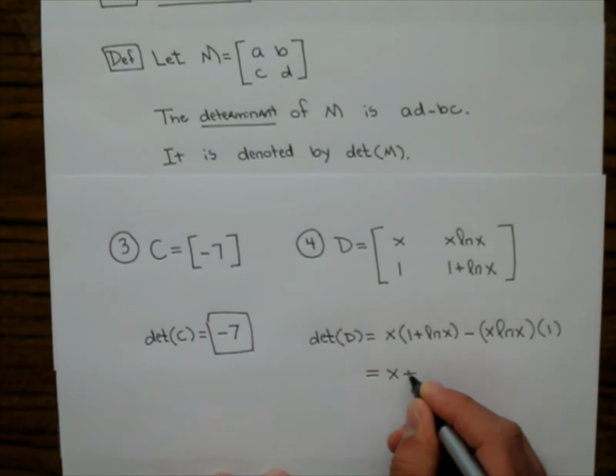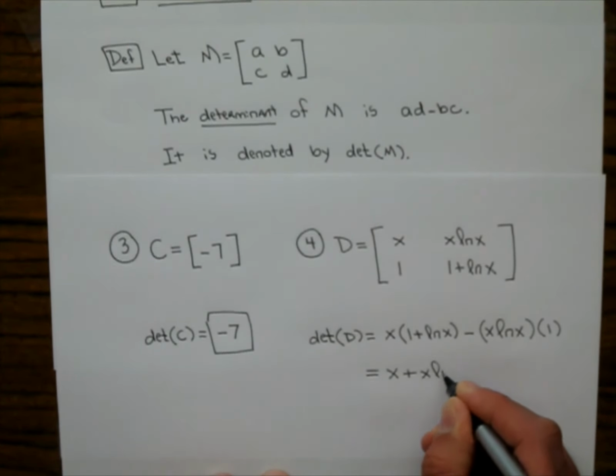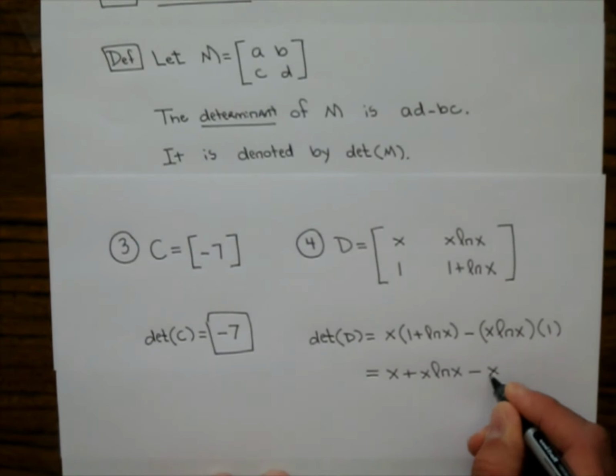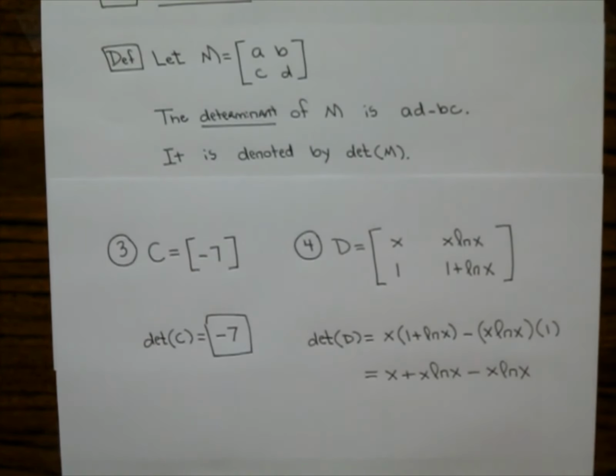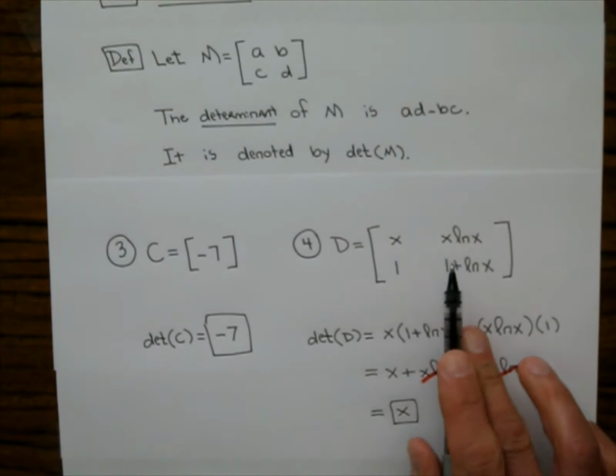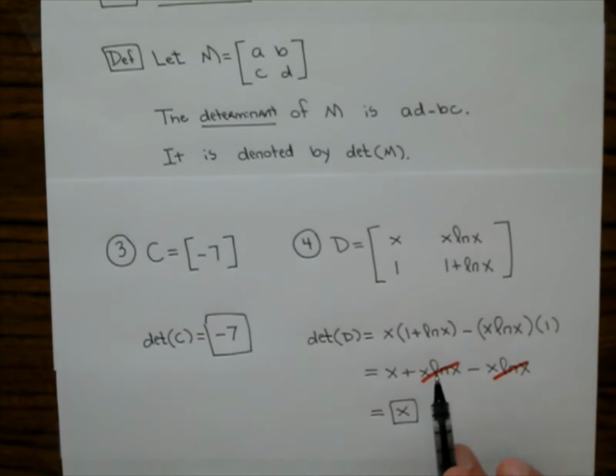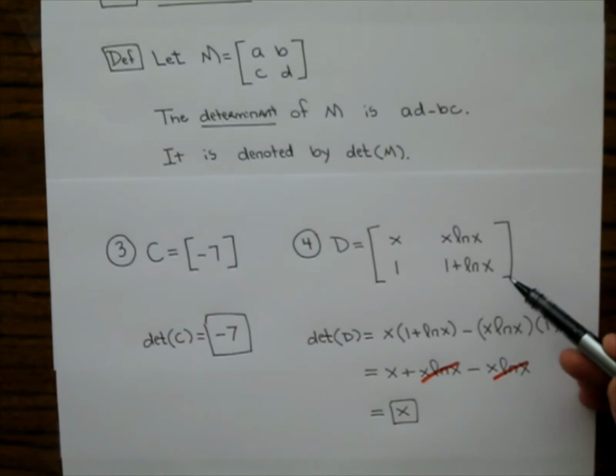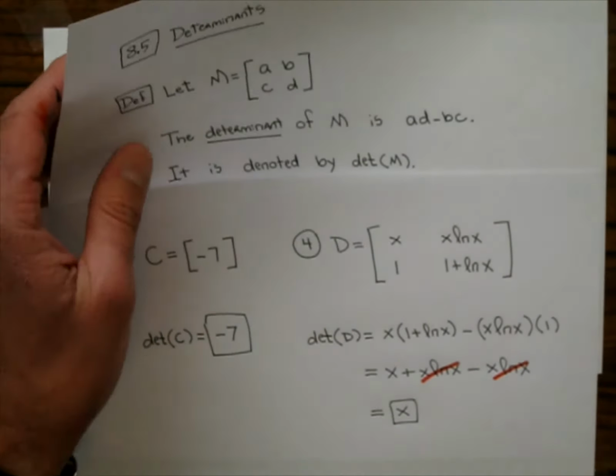I have X plus X ln X minus X ln X. And so it looks like these guys cancel. And what we have here is our determinant of this matrix is just X. And this is what, if you take differential equations, you'll be doing some linear algebra here. You've just computed the Wronskian of 2 vectors, whatever that means, but you've done something and that helps solve differential equations.